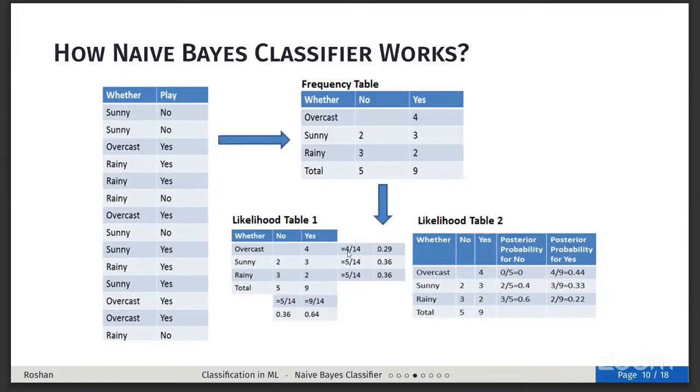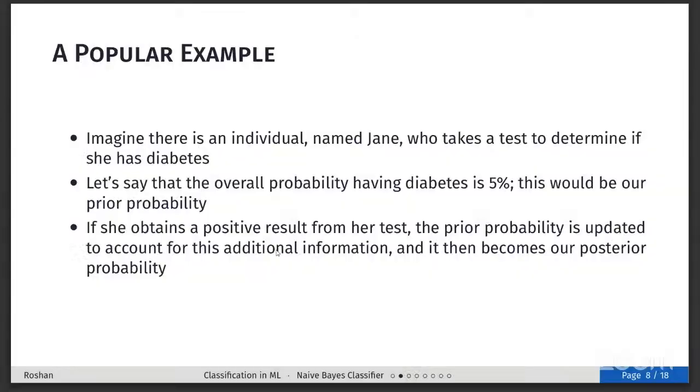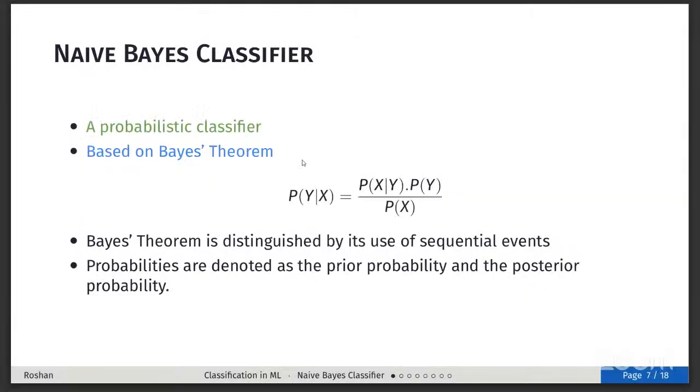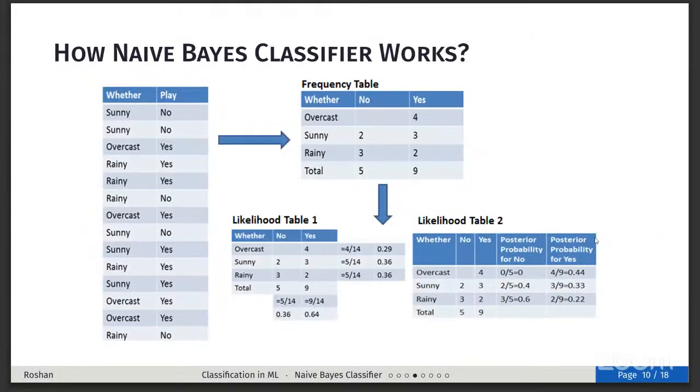Let's say you want to predict the probability of yes, given that the weather condition is overcast. Y is always your label. You have to remember that Y is always your label, and X is the weather term that you have.